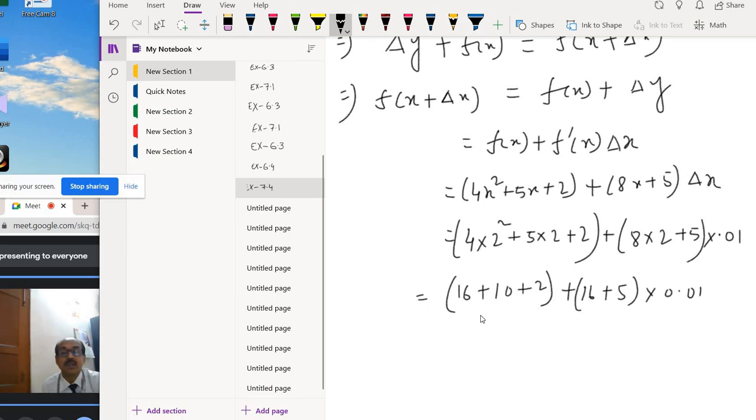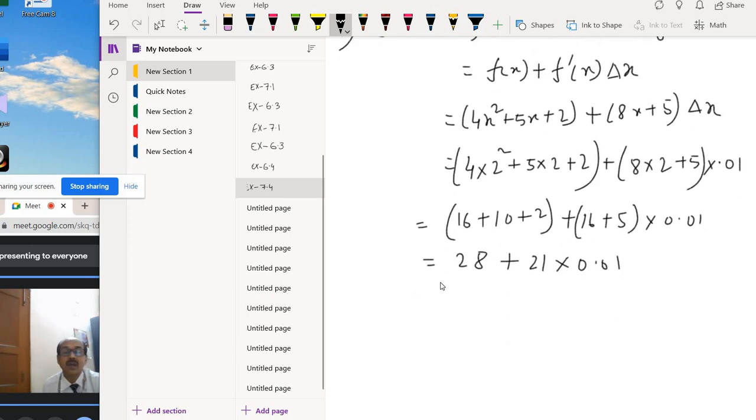So 16 plus 10, 26, plus 2, 28, plus 0.21, equal to 28.21.